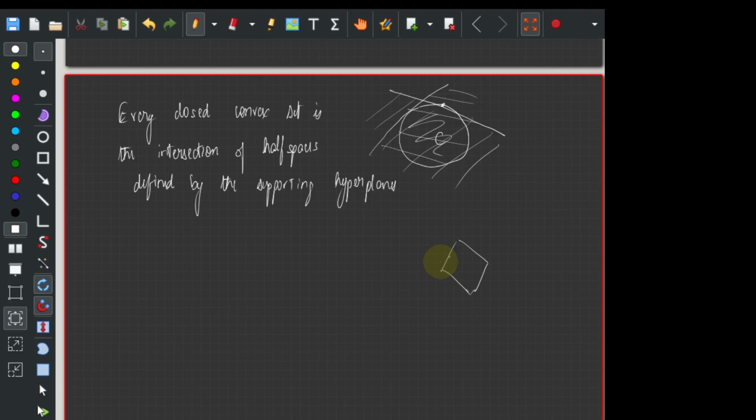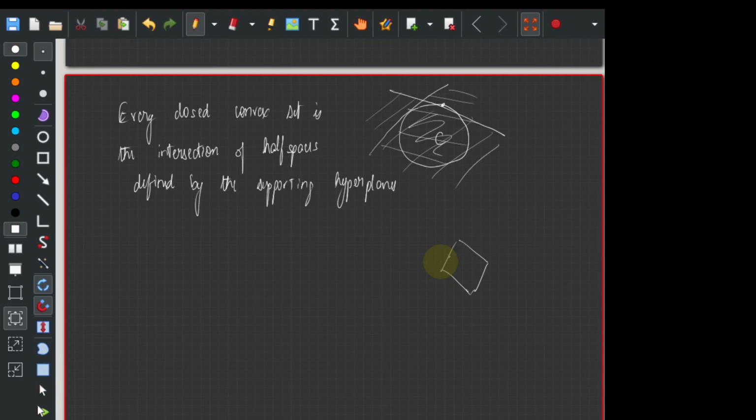Right? And what is the intersection with the set itself? How many points are there? Infinitely many, or definitely more than one. But suppose now that I take a vertex, right?